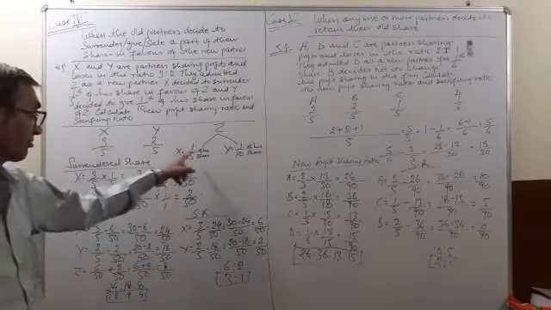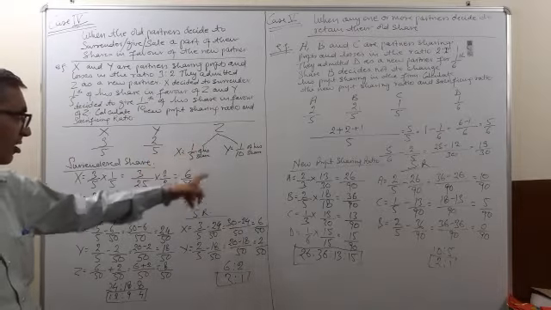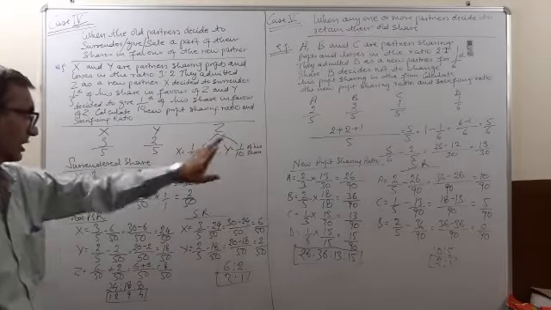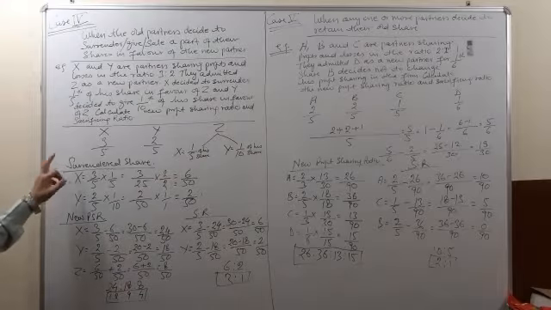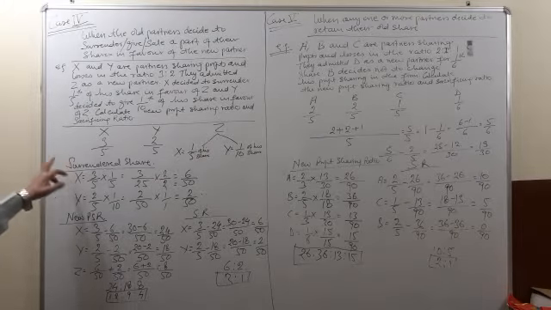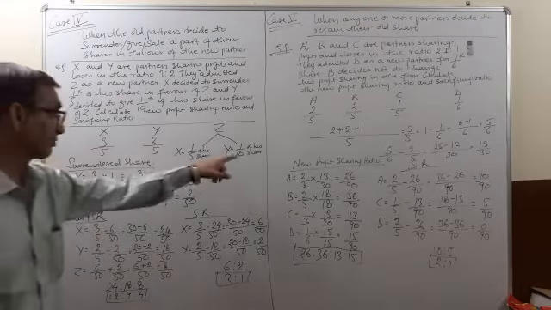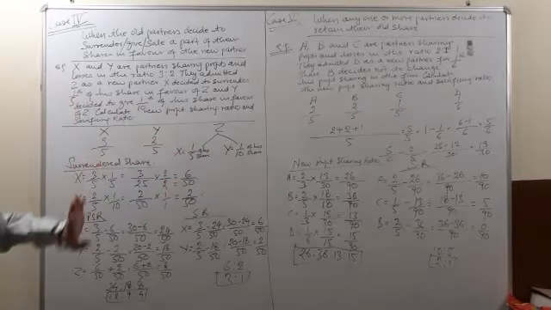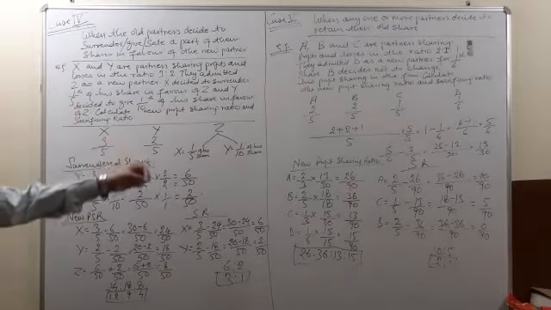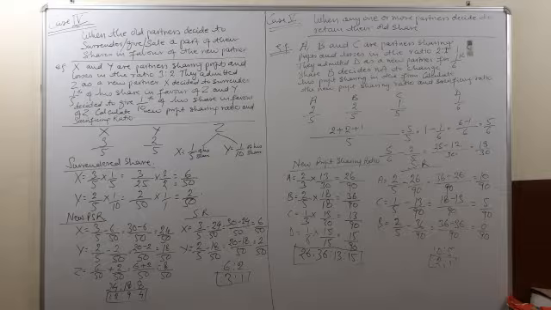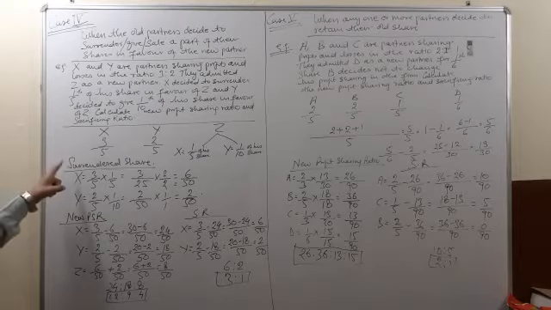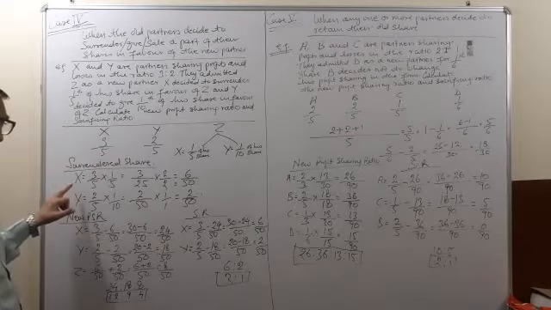X will surrender 1/5 of his own share and Y will surrender 1/10 of his own share. So here we will calculate surrender share. We will not add up all this because nothing is mentioned that Z is coming for so and so share. So surrender share will be calculated.